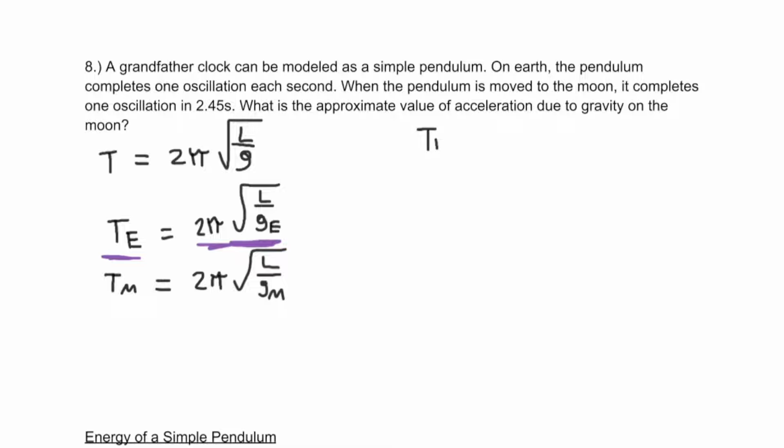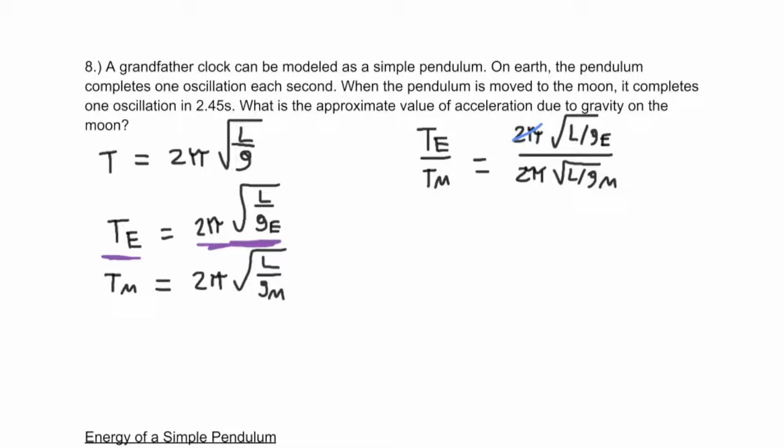So we get the Earth period divided by the moon period is going to be equal to 2 pi square root of L over g of the Earth divided by 2 pi square root of L divided by g of the moon. And several things cancel.